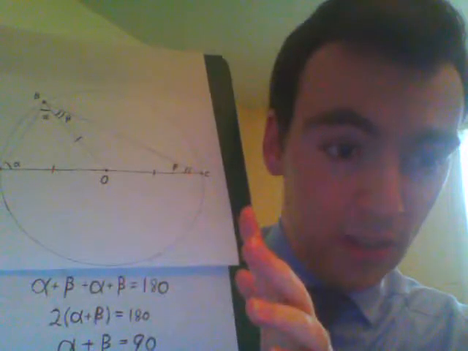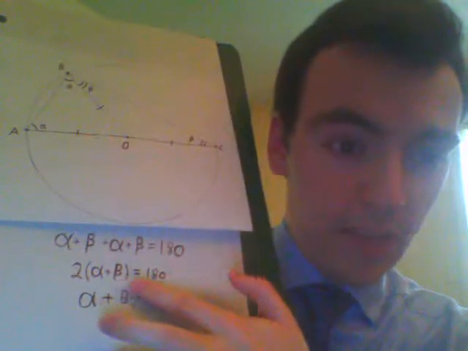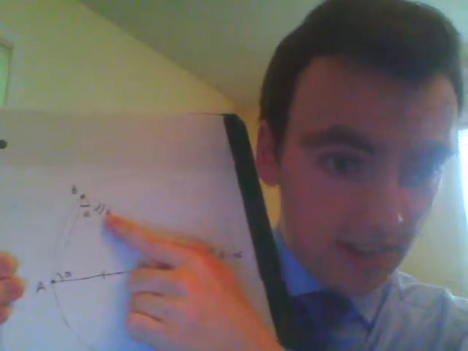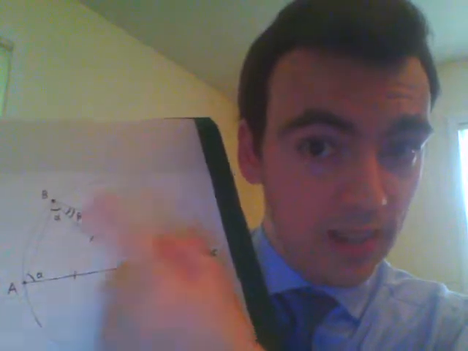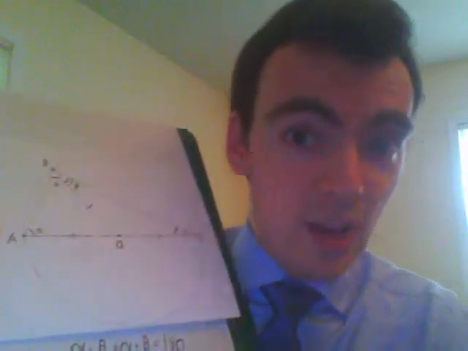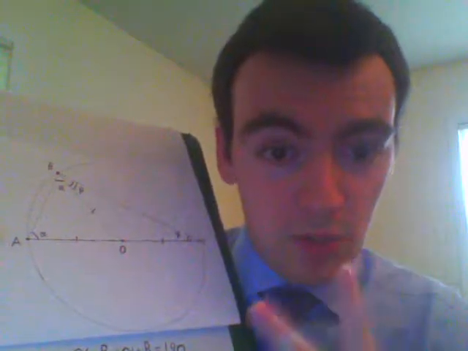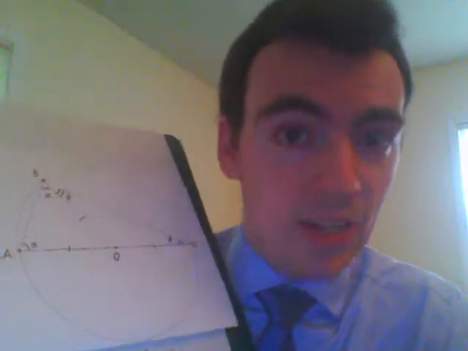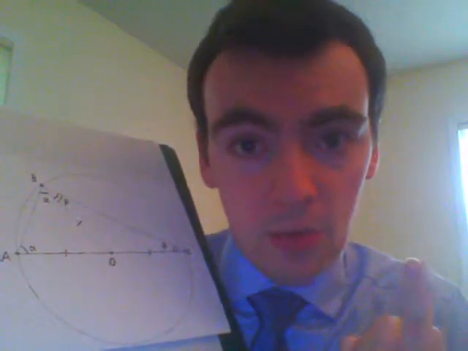Then from simple algebra it follows that 2 times alpha plus beta is 180, which means alpha plus beta is 90. Which means that this angle here, which again is alpha plus beta, is equal to 90. So it's a right angle. And therefore, we've proved from those two simple statements that we know to be true that Thales' theorem is correct. Any triangle that has that property we outlined before has to be a right triangle.